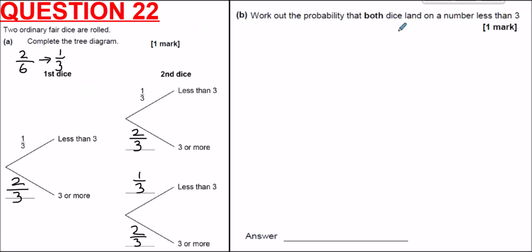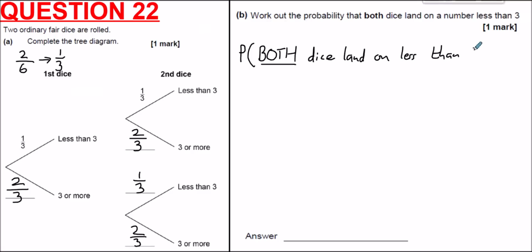Part B, we need to work out the probability that both dice land on a number less than 3. So the probability that both dice land on less than 3. That can only happen one way.